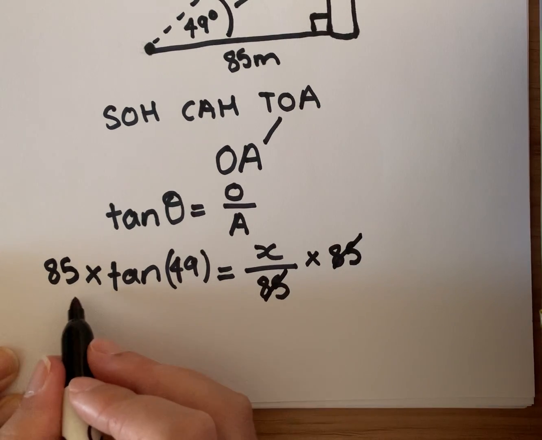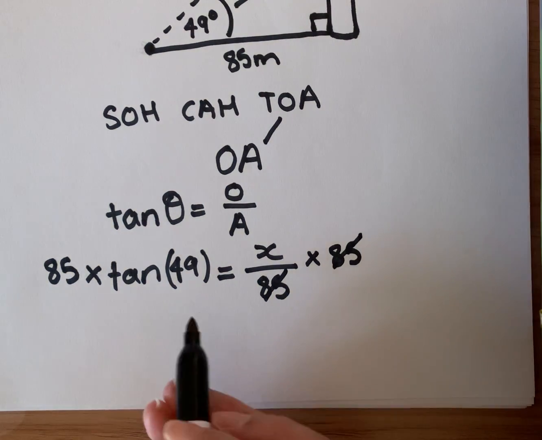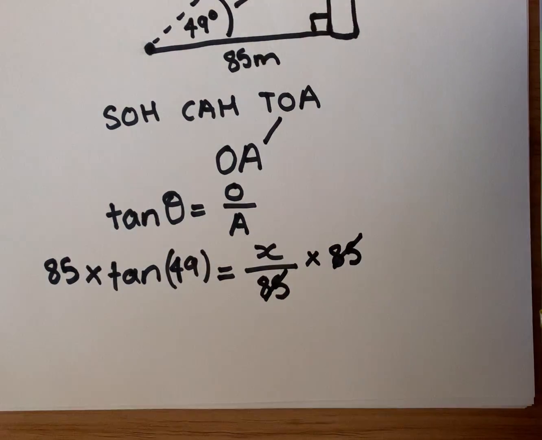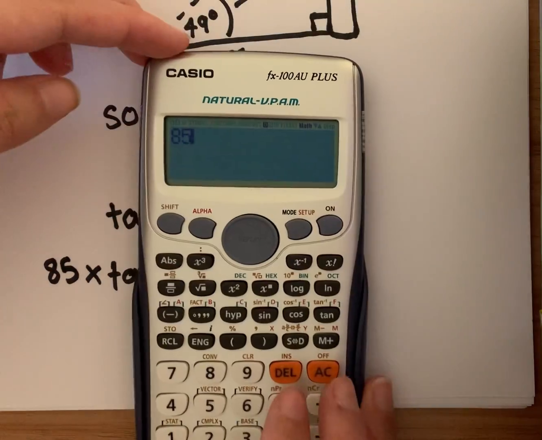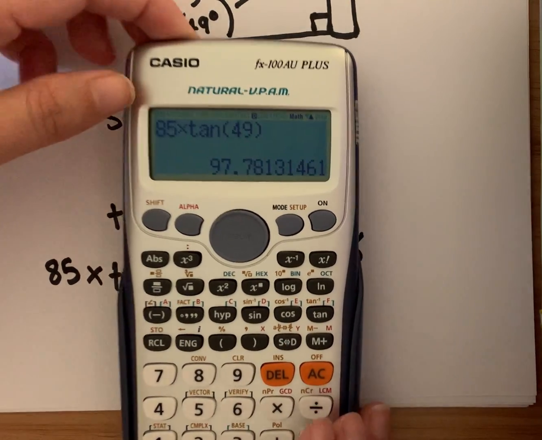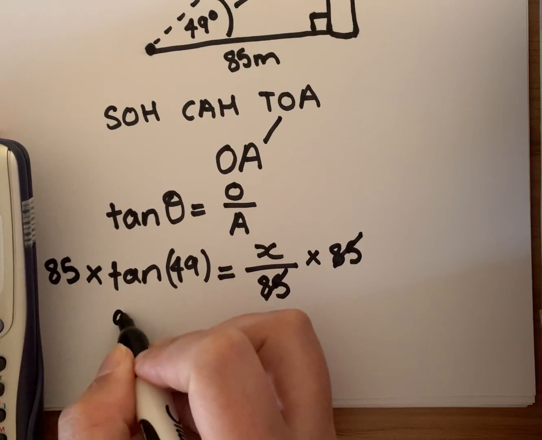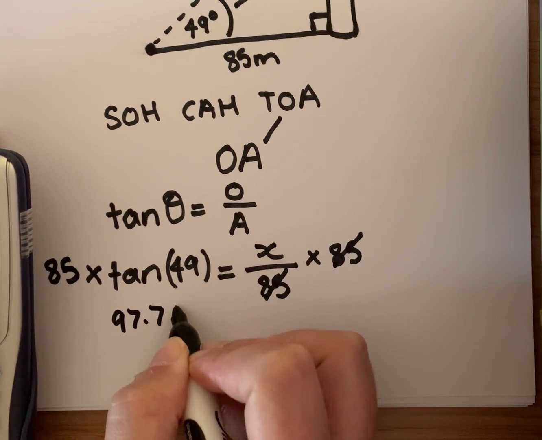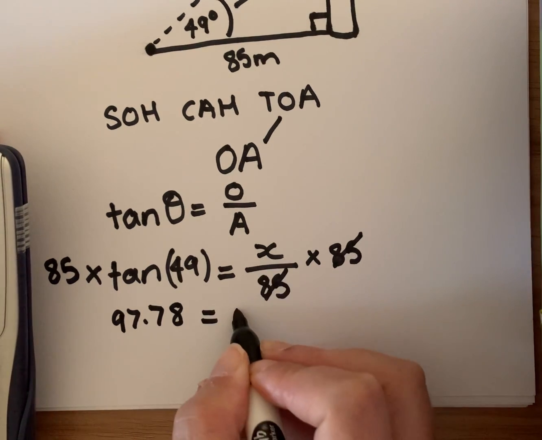And then we're left with 85 times tan 49 on the left-hand side. And this is just an expression that we can do on our calculator. So 85 times tan 49. That gives us a value of 97.78, equals, on the right hand side we've got x.